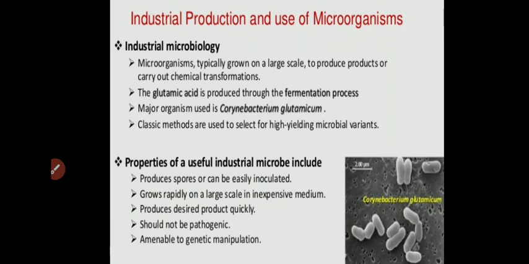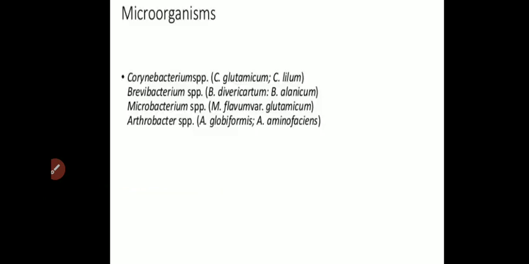So during the fermentation process, it should not change its genetic properties. Such stable organisms are generally selected for industrial use, and the microorganisms used for the production of glutamic acid are Corynebacterium species like Corynebacterium glutamicum or Corynebacterium lilium.